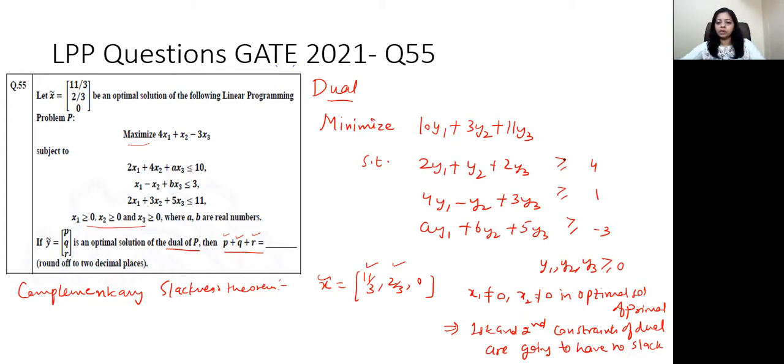So if these constraints are greater than or equal to, they will be exactly satisfied as an equation. So the surplus variables coming over here and here will be zero.